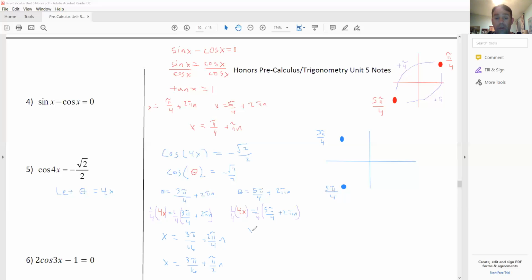And when we multiplied the other one by 1/4, we ended up with 5 pi over 16, plus 1/4 times 2 pi, which would be pi over 2. The biggest thing people forget to do on that one is multiply the 2 pi by whatever that b value is that we're getting rid of, or divide by it.